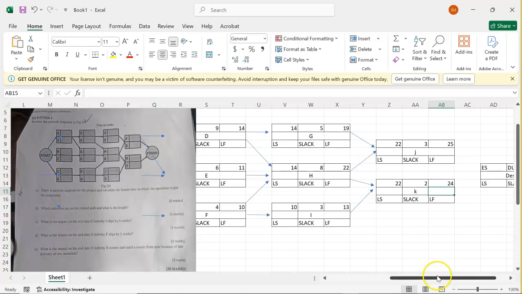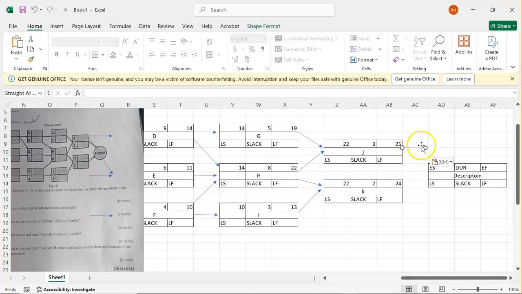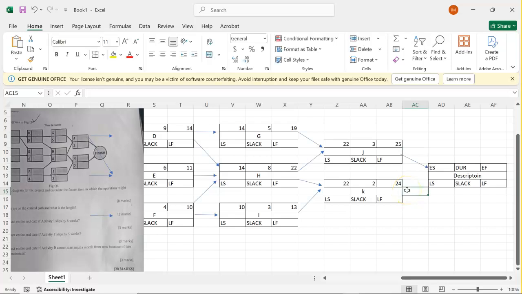Then we come to finish. It finishes when project J and K is complete. So early start is 25 there because it's the highest.